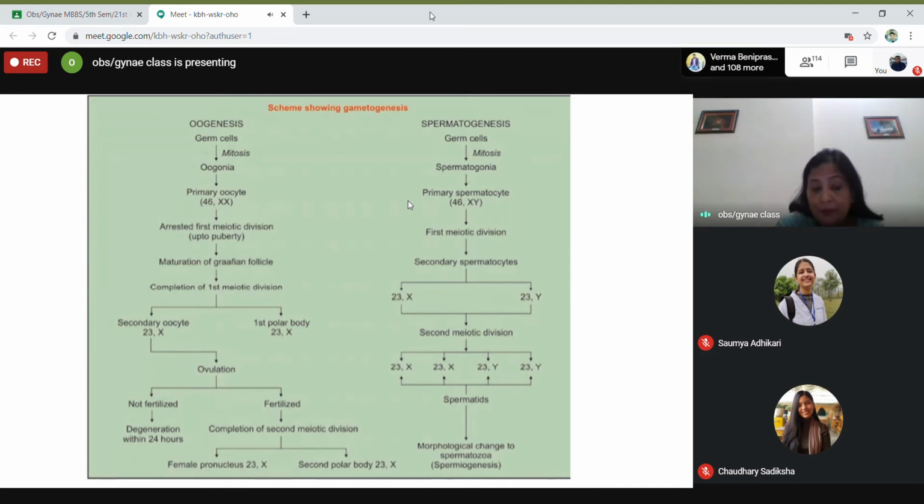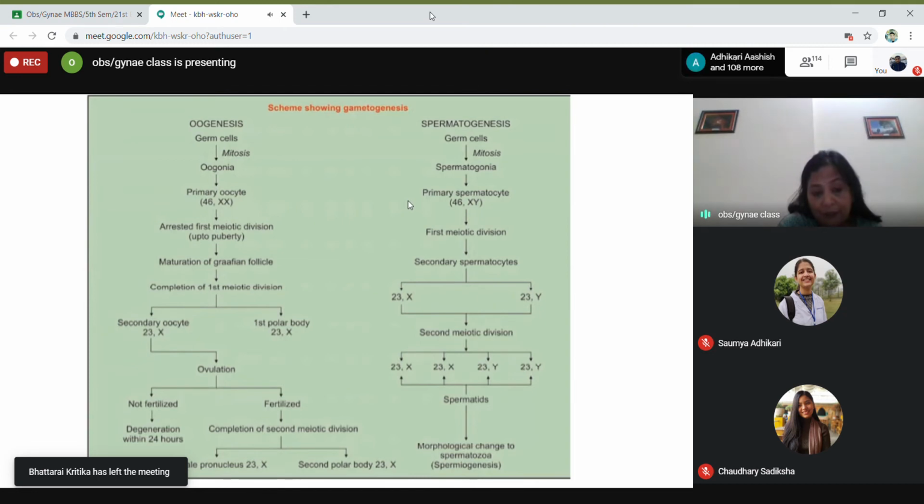These primary oocytes remain in the dictyotene stage, with no further meiotic division, up to puberty. At puberty, the follicle cells mature, and these are called mature Graafian follicles. The completion of the first meiotic division of the oocyte occurs only after ovulation.